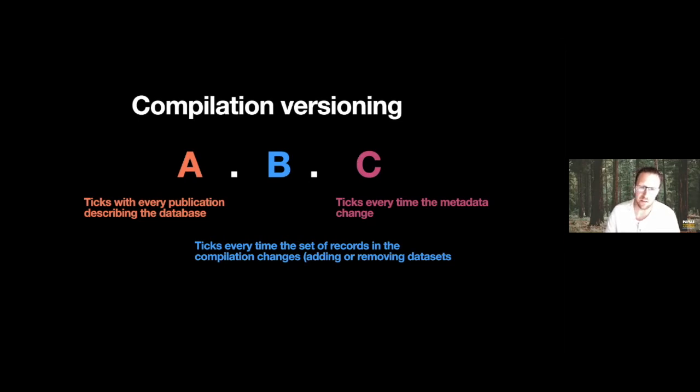The idea is that this continues to tick after publication as we fix metadata and as new data sets come in, and users of the database can reference which version they use to help make sure that their results are reproducible. Those versions would be available, especially post-publication, so that even if there have been improvements or extensions to the compilations later, the results from any version are always reproducible.